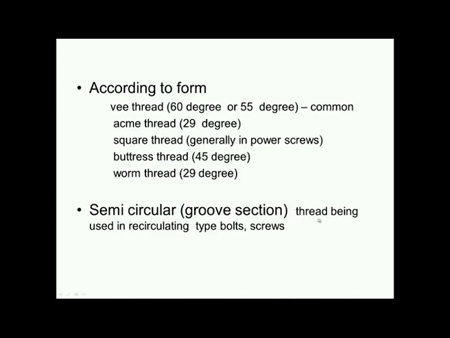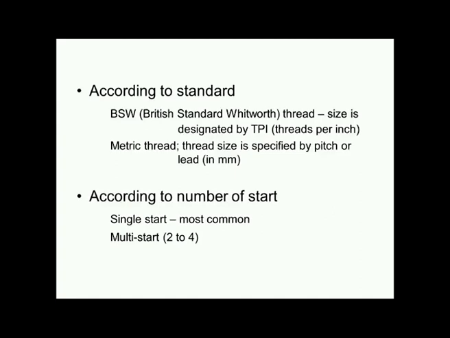So, semicircular threads are being used in circulating type of bolts and screws. According to the standard, whether they are BSW, British Standard Whitworth threads, or metric threads, and according to the number of starts, whether it is single start or double start or multi start screw threads.